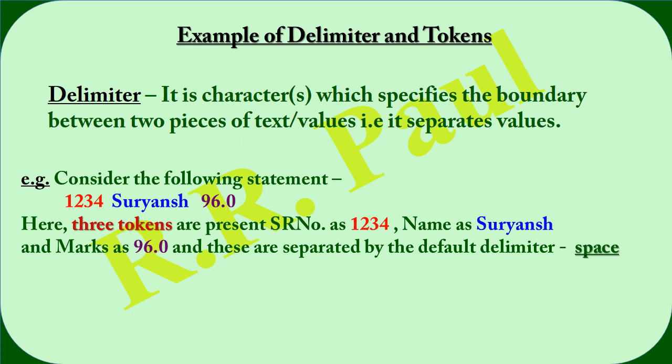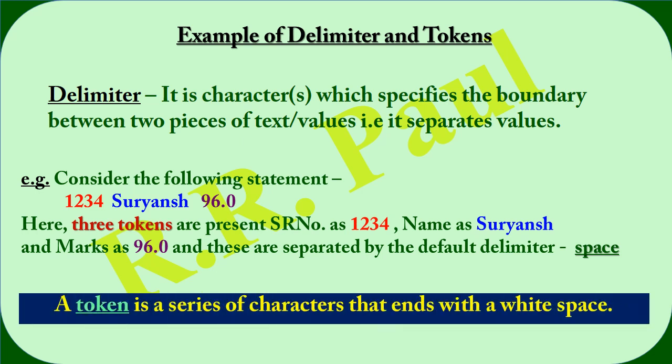I'm sure that you must have noticed the delimiters by now. After 1234, we have a delimiter, blank. Then same way another blank or a delimiter is there after Suryansh, and another delimiter will be there after 96.0, that is in the form of enter key or carriage return.